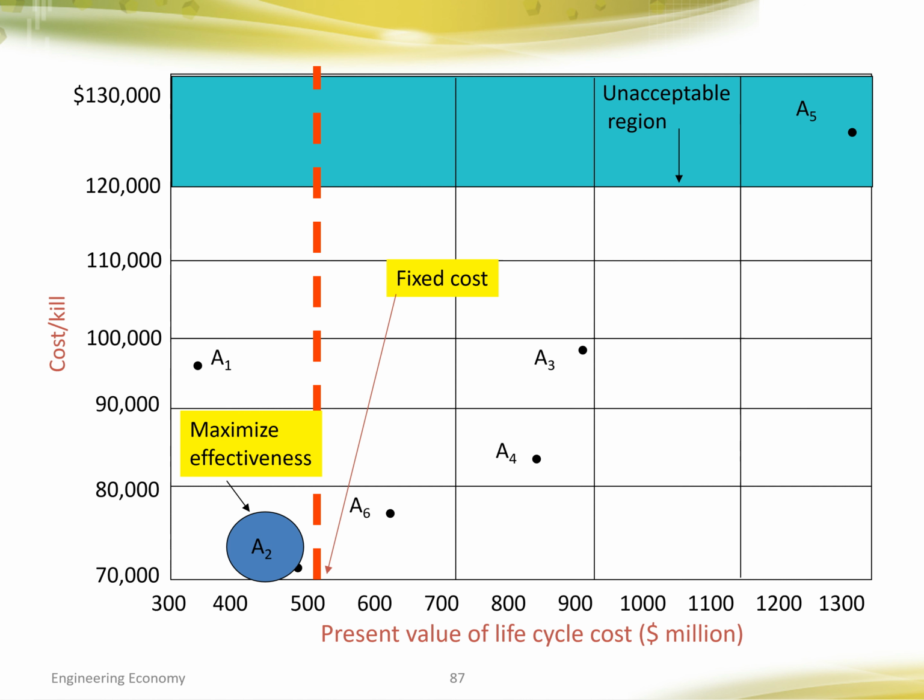We want to have the lowest cost per kill. So we can draw up the budget constraint, which is 500 million. That's the budget constraint.